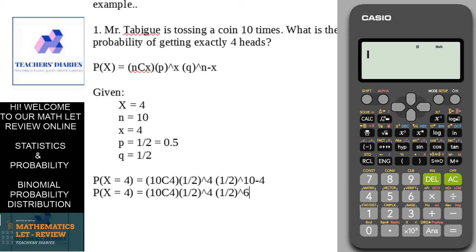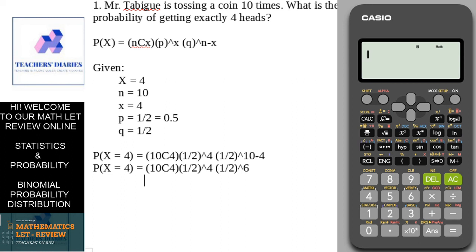Alright, so here, that would be the equal sign. Then we use this calculator. Open parenthesis, then we get 10 for the combination formula. Since this is yellow here, we're going to click shift, and this is the indicator that it is shift now.